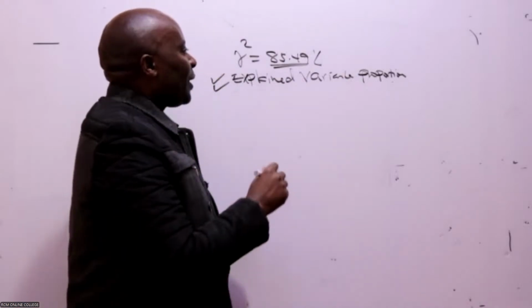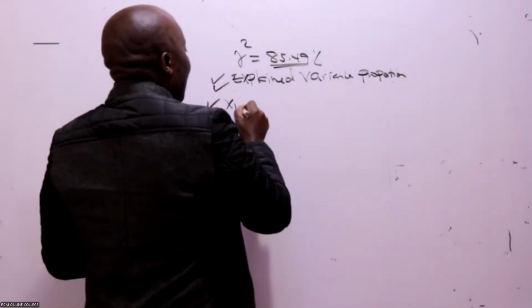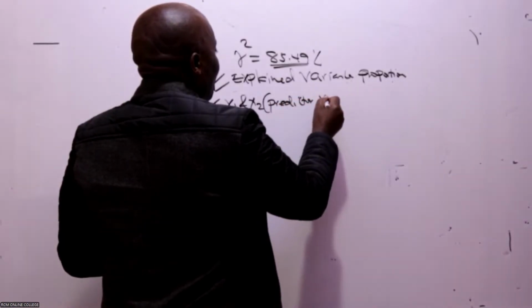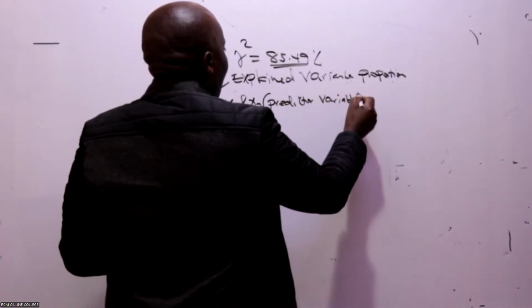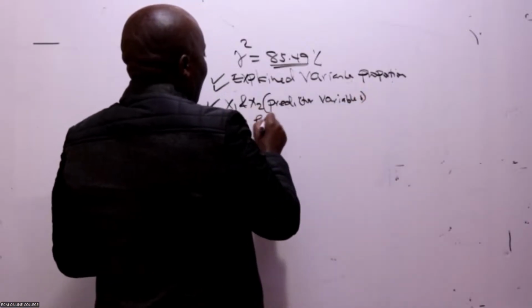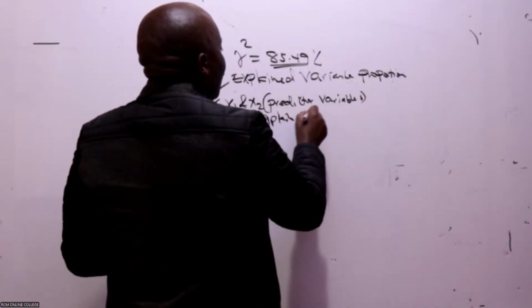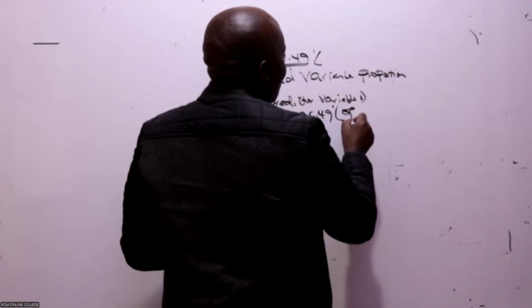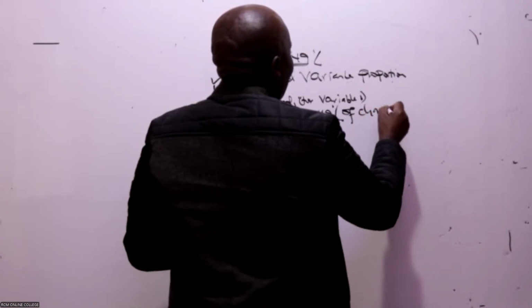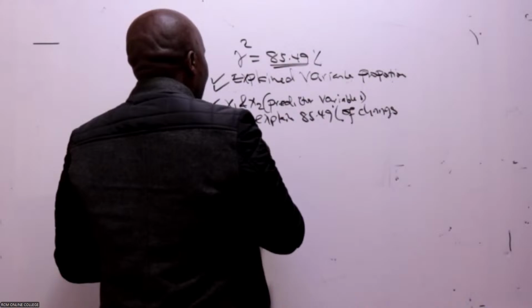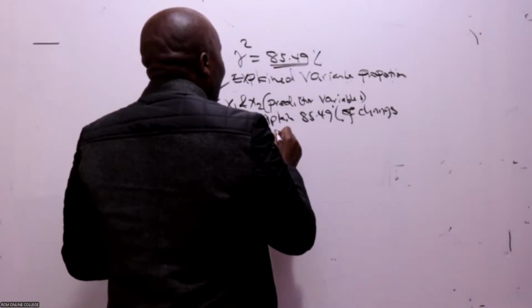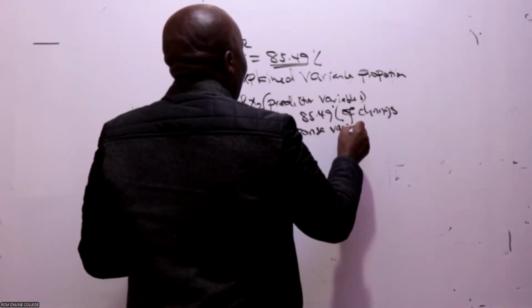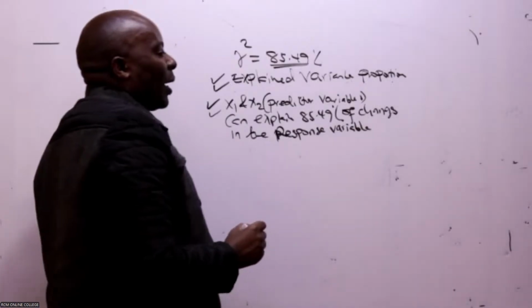This means that x1 and x2, the predictor variables, can explain 85.49% of the changes in the response variable. And really, this is very good.